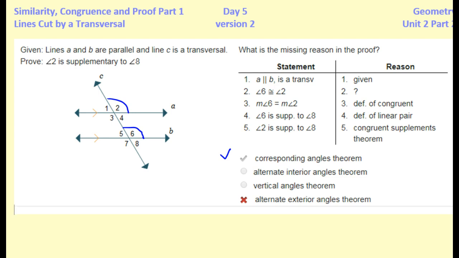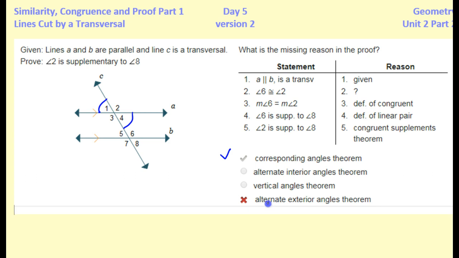Now let's briefly talk about the other theorems. If they say alternate interior angles, that would have been the answer if they had given us, for example, angle 4 and angle 5. These are alternate interior angles. What about vertical angles? We talked about this a moment ago. If they gave us angles like angle 1 and angle 4, that would be the vertical angle theorem.